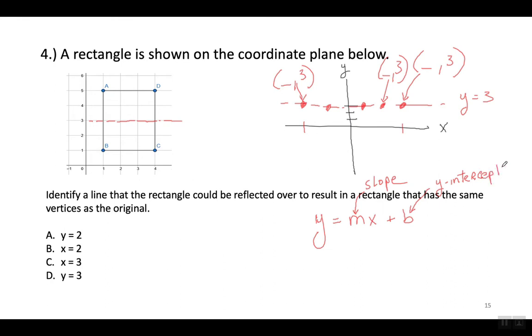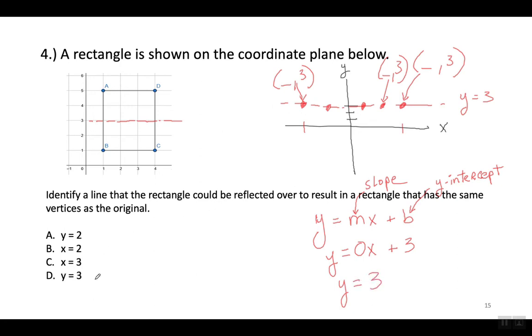When it does, I'll refresh your memory again. Anyways, when you have a horizontal line, the slope of that line is 0. And the y-intercept is where that line crosses the y-axis. In this case, it crosses it at positive 3. Now, 0 times anything is 0. So this cancels out. And that's why the equation of the line ends up being y equals 3.